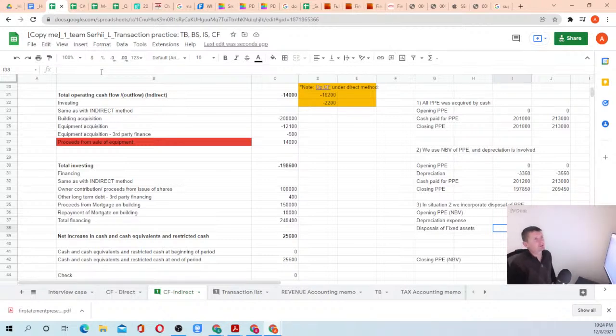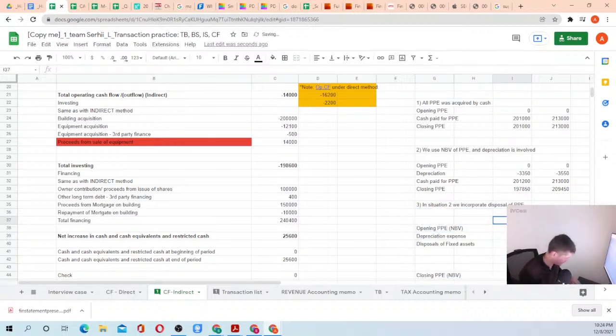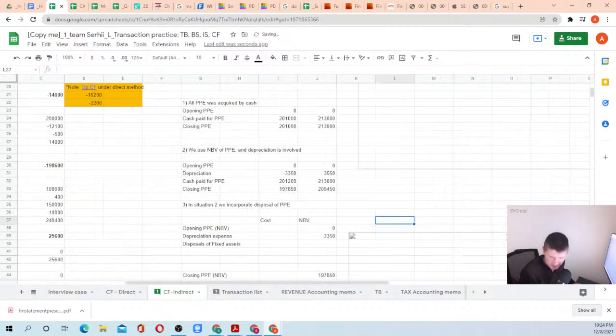Let's think about it. And let's add a bit of complication here. So we will act in three different dimensions here: cost, net book value, accumulated depreciation.